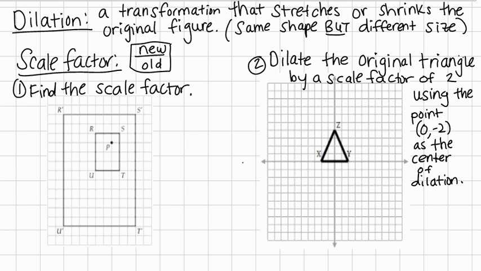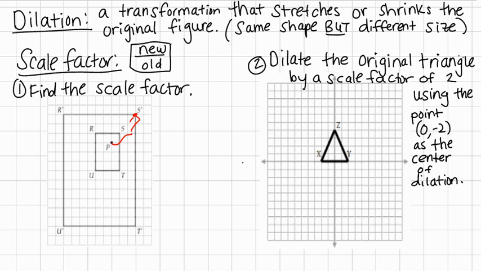So I'm going to look at the distance between my point P, which is my center of dilation, and my S prime here. And so I'm going to look at this diagonal distance here. And that is a distance of 1, 2, 3.